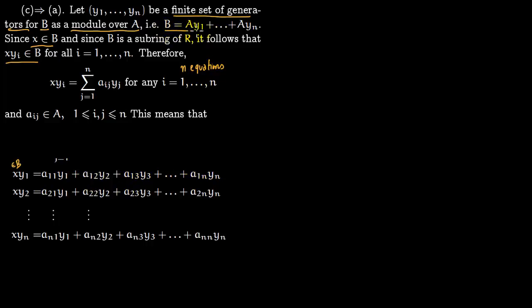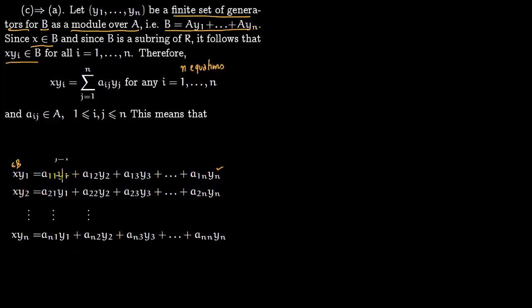We are just copying this relationship down here. Again, we can talk about x y2, which will also give you a linear equation like this. x y3 will give you a linear equation like this. x yn will give you a linear equation like this, which is just copying this equation down right here.